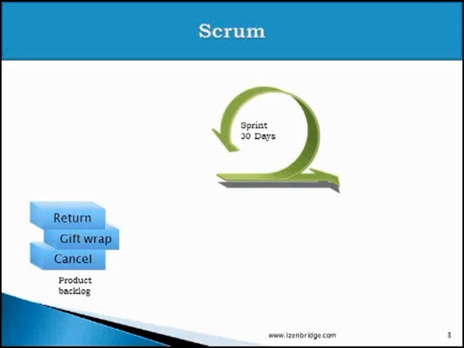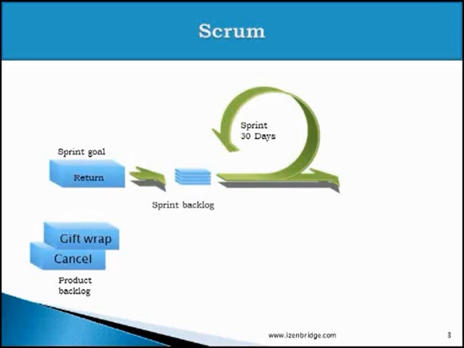Now after doing that, we select a part of the product backlog, some selective product backlog items as per the priority. The high priority product backlog items get selected to work on in the upcoming sprint. So we prepare a sprint goal on the basis of high priority product backlog items, and we pick them for the coming sprint. We convert these product backlog items into a sprint backlog.